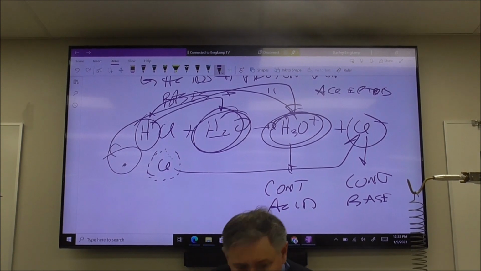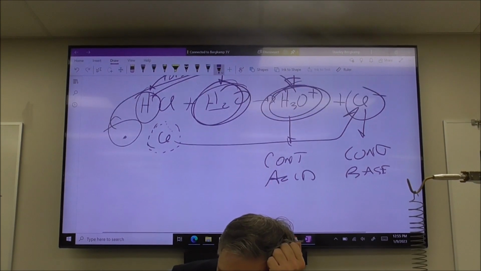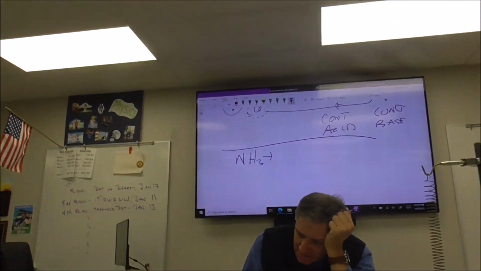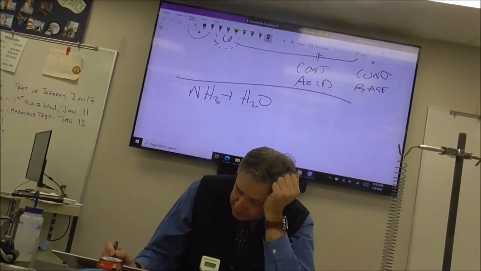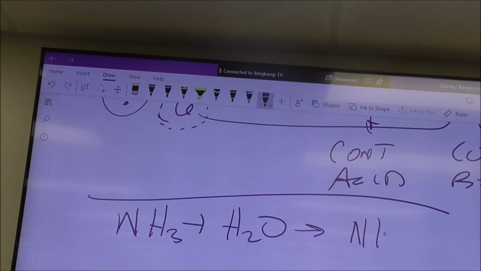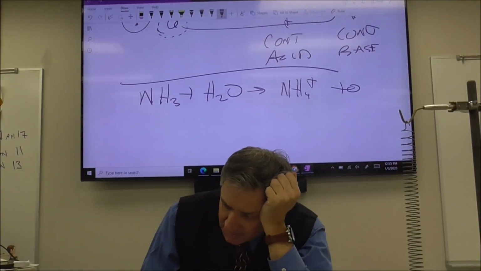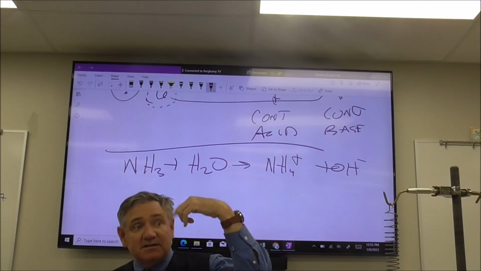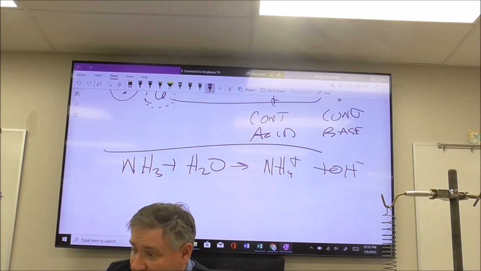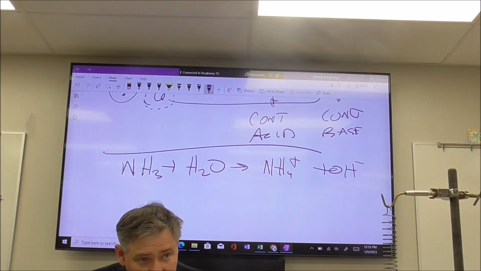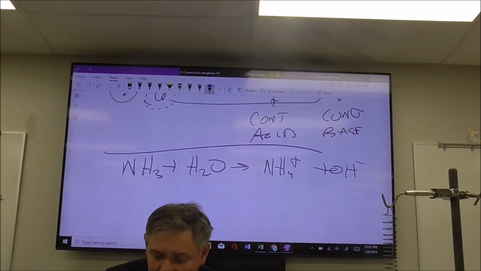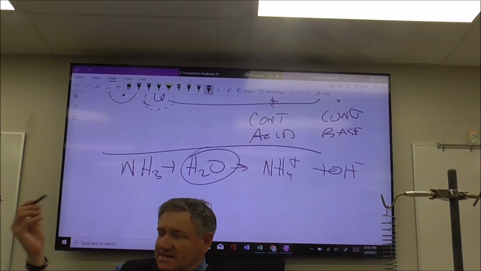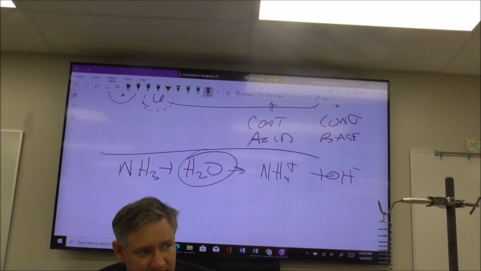Now, the cool thing about this is, let's say you have ammonia, NH3, and you put that in water, you get NH4 and hydroxides. We'll spend a lot of time talking about this one. So in this situation, here's the cool thing about water. Water is actually acting as the acid.